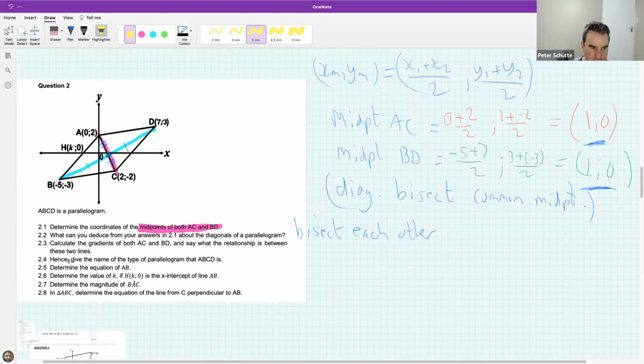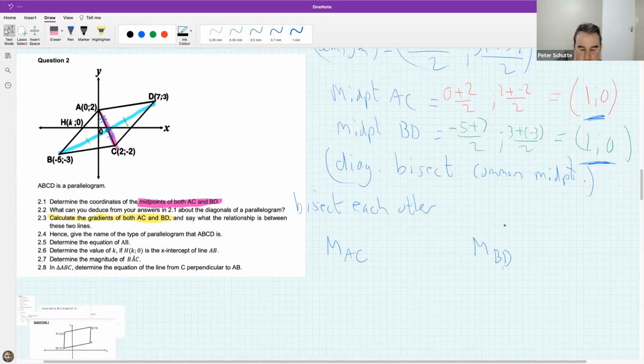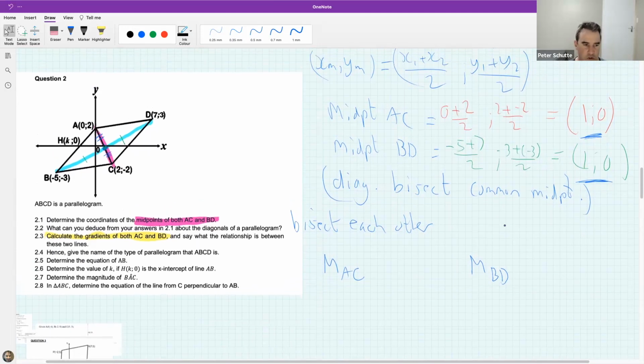Okay, next thing I want you to do, it says, calculate the gradients of both AC and BD. Now again, AC and BD are your diagonals, except this time we don't want midpoints, we want our gradients. So find me the gradient of AC and BD. You'll notice how we're starting to use these tools all the time that we've been learning about.